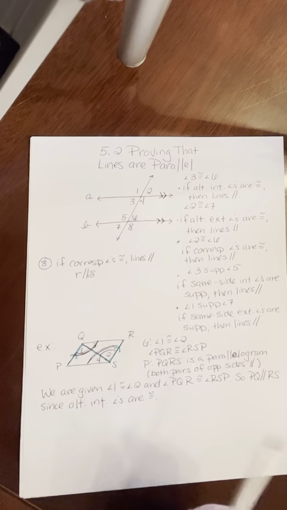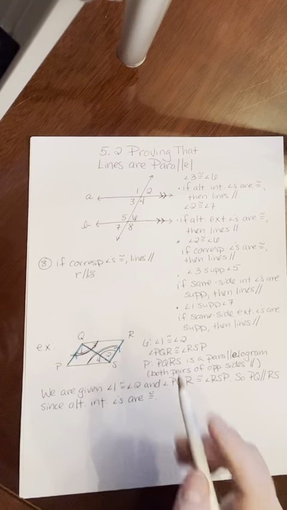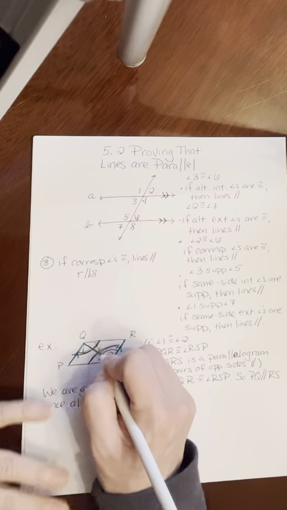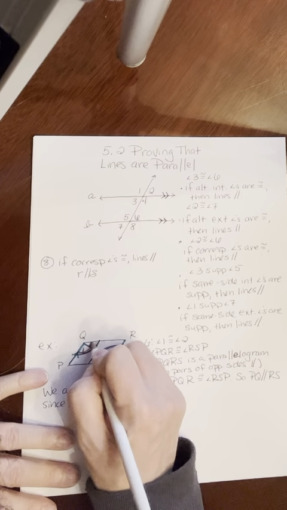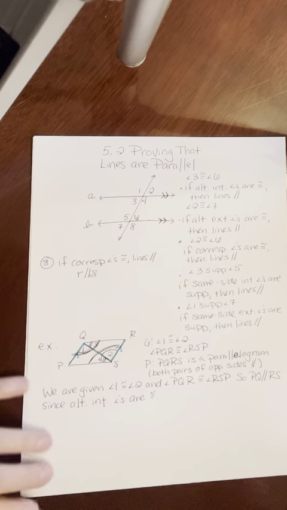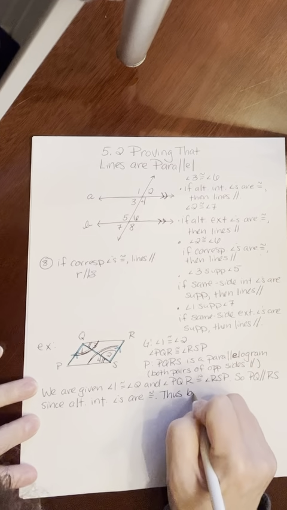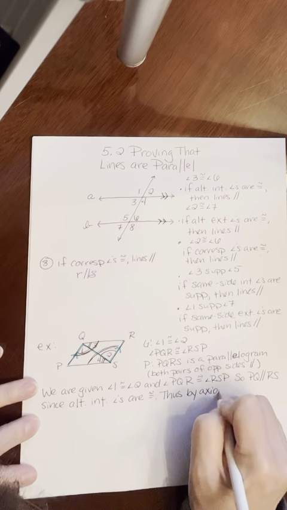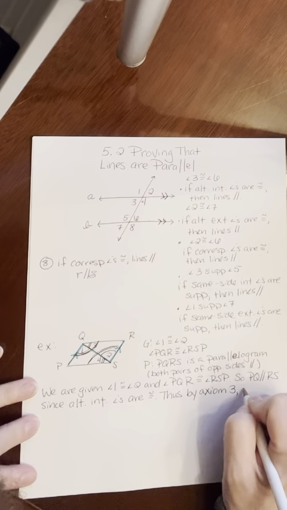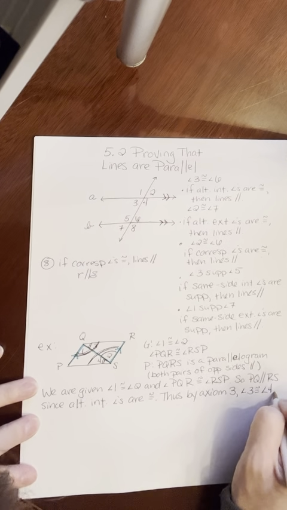So if I did a little bit of axiom 3, then maybe angle 3 would be congruent to angle 4. What do you think? Okay, so thus, by axiom 3, angle 3 is congruent to angle 4.